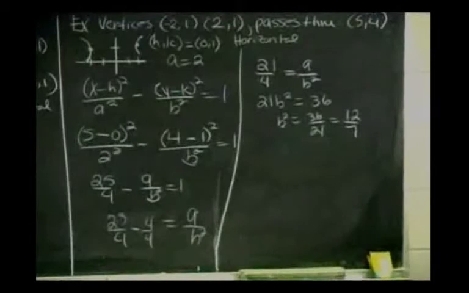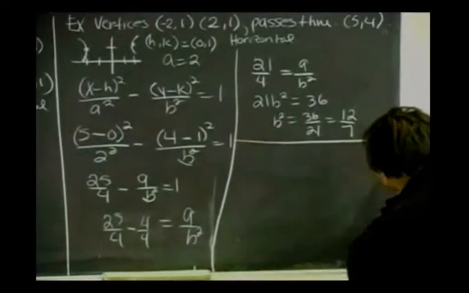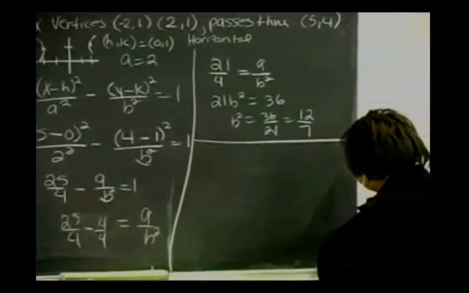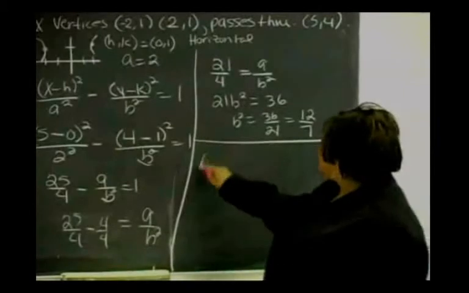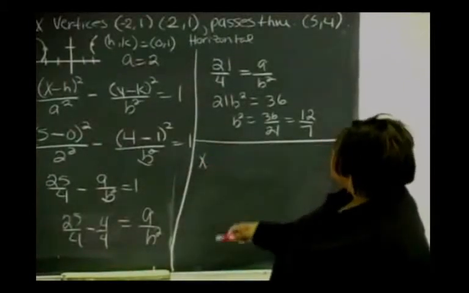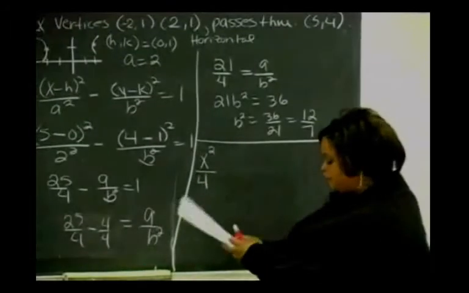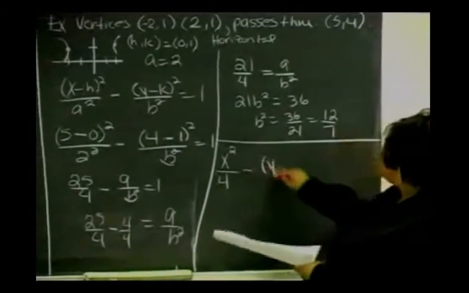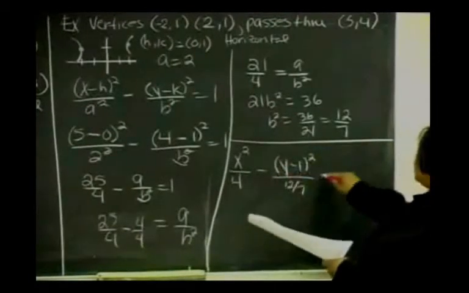B squared. So what's my formula? Well, what's my form? And there are two different forms. It's what? X minus h. H is 0, so x squared over 4 minus y minus 1 squared, I can say over 12/7 equals 1.